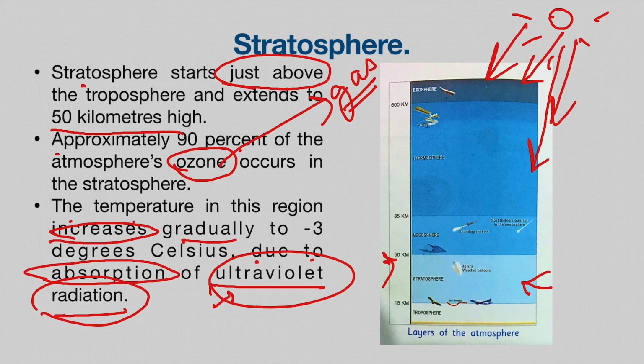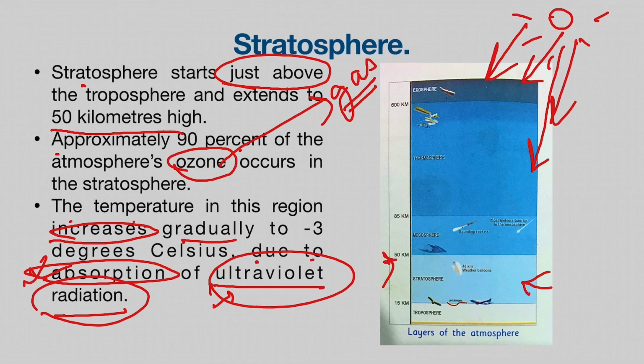Okay. If this ultraviolet radiation touches our skin it may develop into skin cancer. Alright. But because ozone is present in the stratosphere, it absorbs all this ultraviolet radiation into itself, and as a result we are protected from ultraviolet rays.